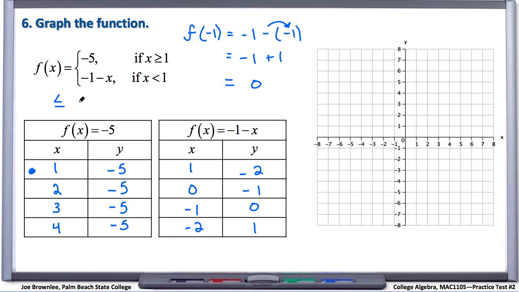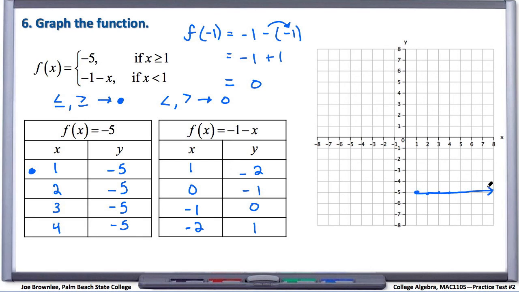Recall that less than or equal to, greater than or equal to, you graph with a closed circle. If it's just less than or greater than, you graph those points with an open circle. All right, so 1, -5, we will graph with a closed circle. 2, -5, 3, -5, 4, -5.